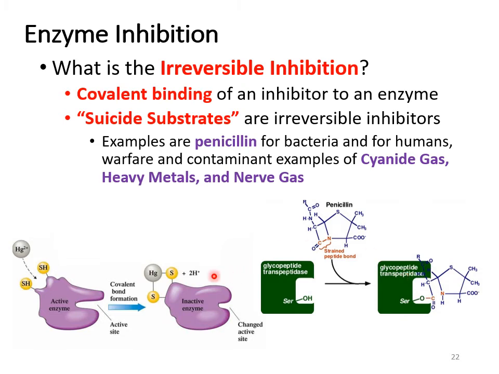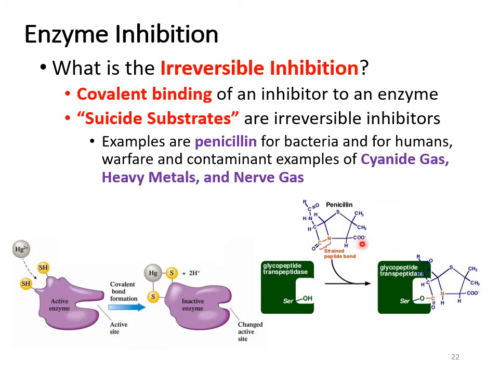Now, any of these substances that can covalently bind and irreversibly block an enzyme, we call suicide substrates. So when you see the term suicide substrates, please know that that's irreversible. They irreversibly inhibit enzymes, and please know the examples that I give you.